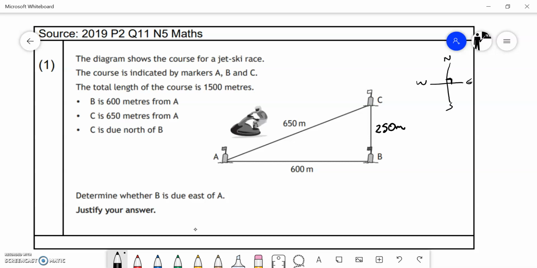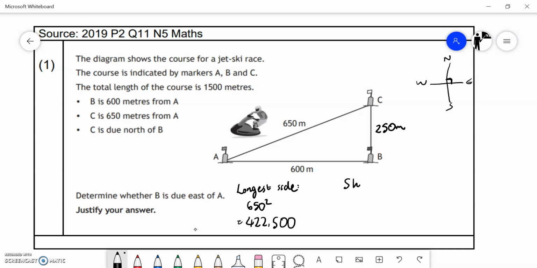So what we want to do is we want to say, okay, well, the longest side is going to be 650, and we're going to square that. Because the square of the hypotenuse is equal to the sum of the squares of the other two sides. So 650 squared is 422,500.